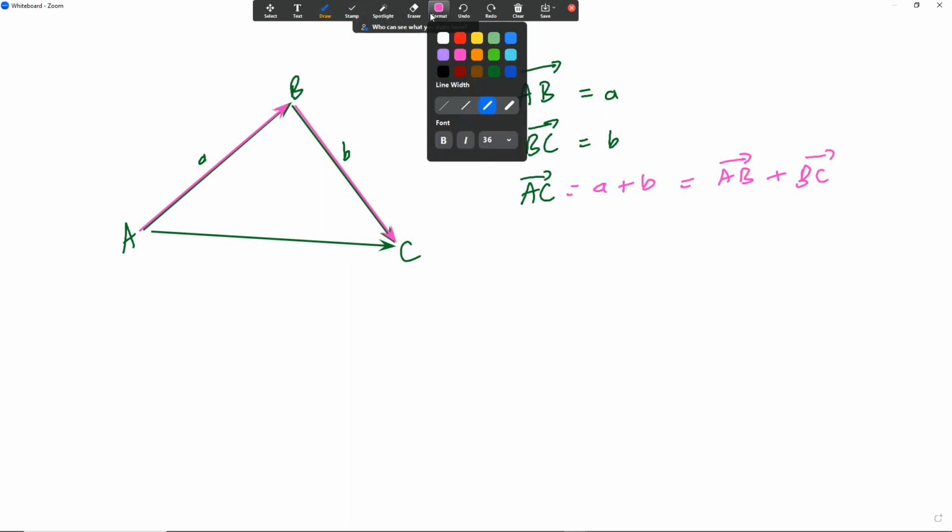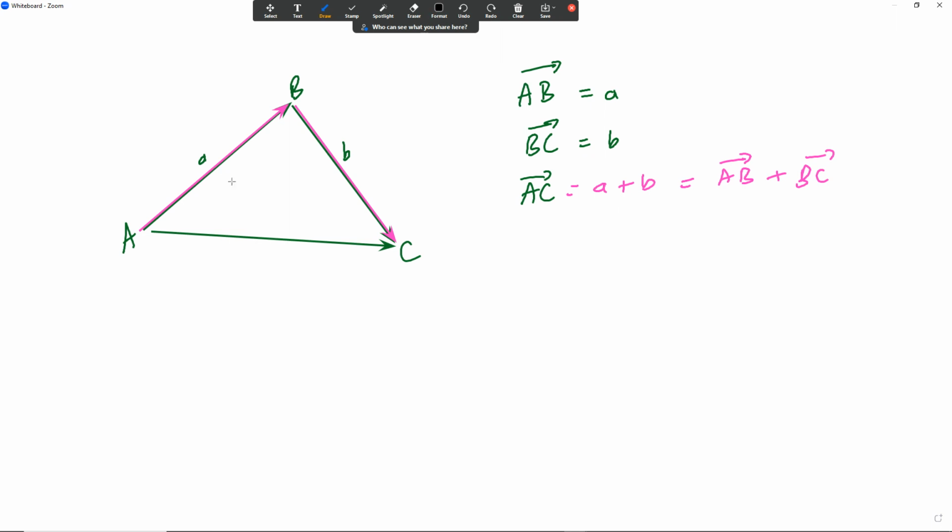But now I decide, okay, I want to take a path from A to a new point, D. So I've got this other point D, and I'm told that vector BD as a ratio to DC is 1:2. So that means this is one part and this is two parts.